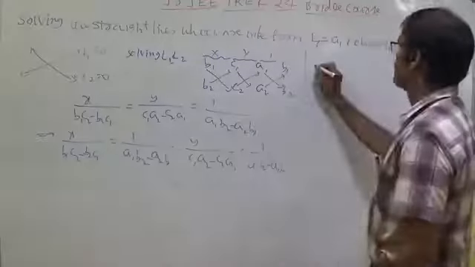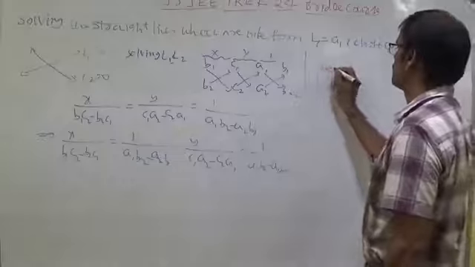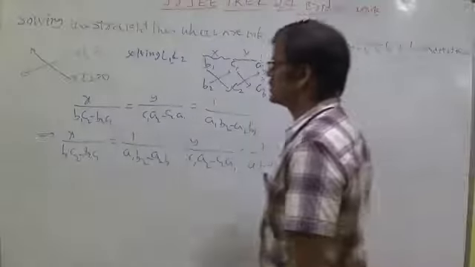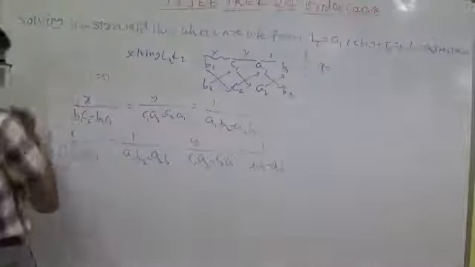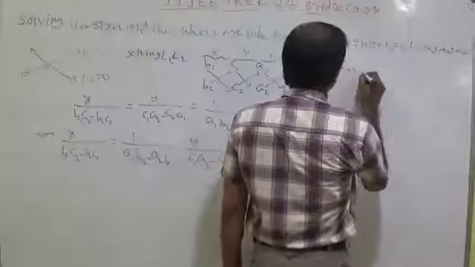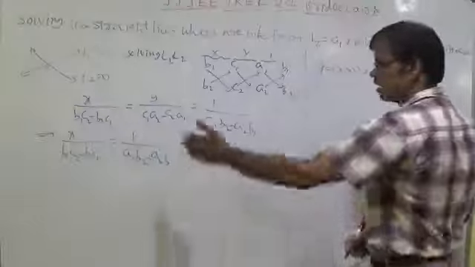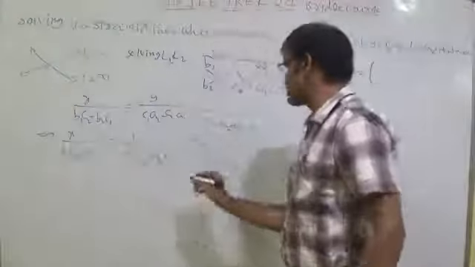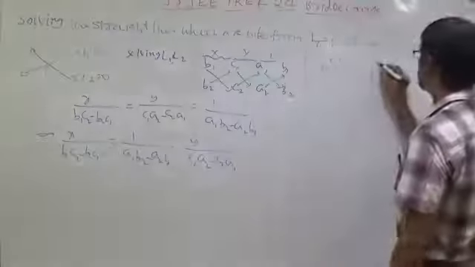Therefore, the point of intersection P is equal to x comma y. You can get the answer as this one taking this side and this one taking this side.